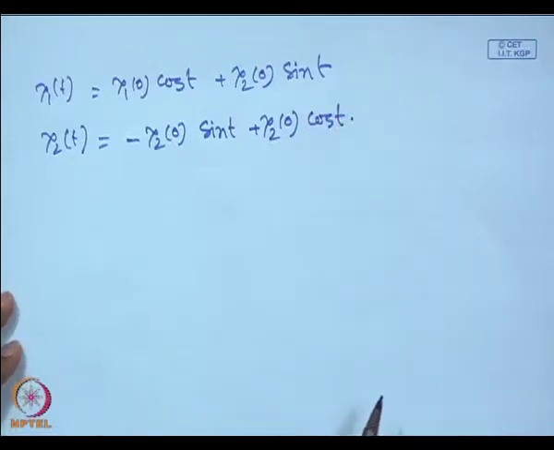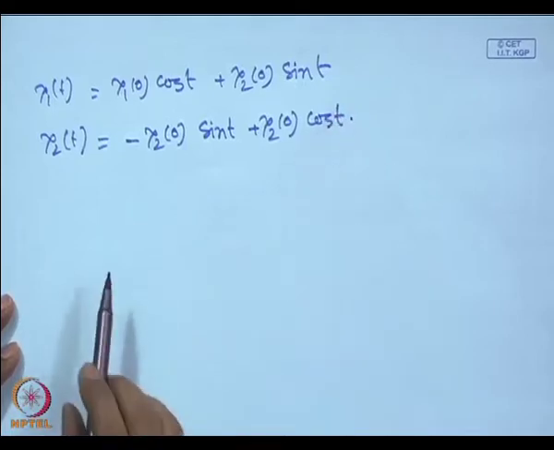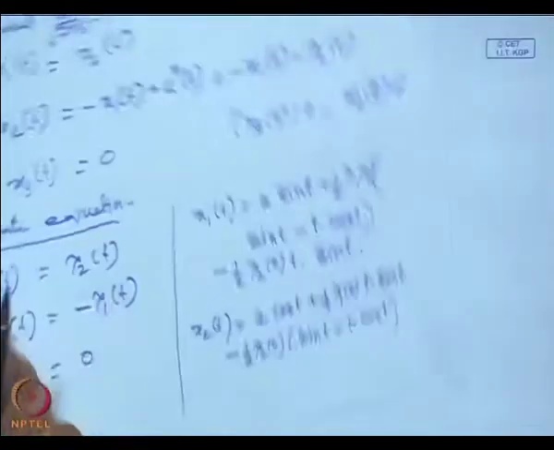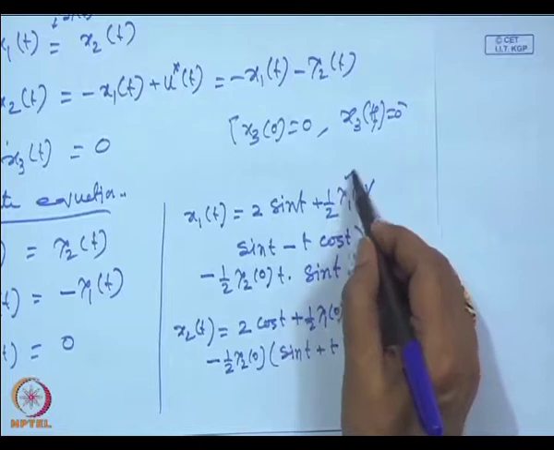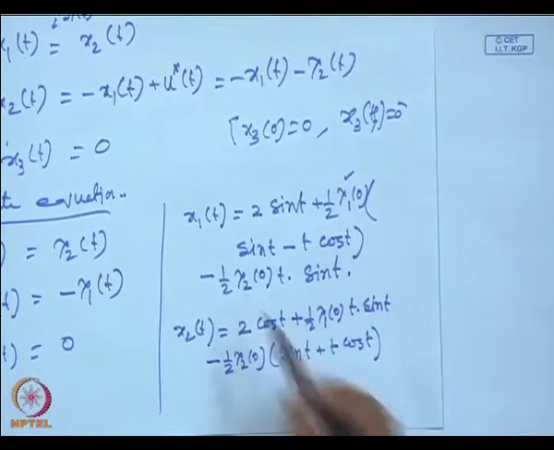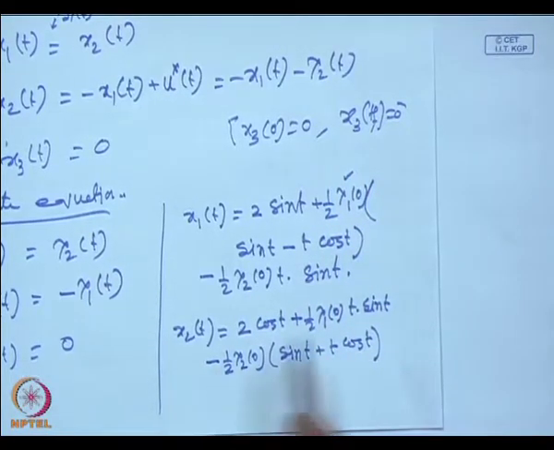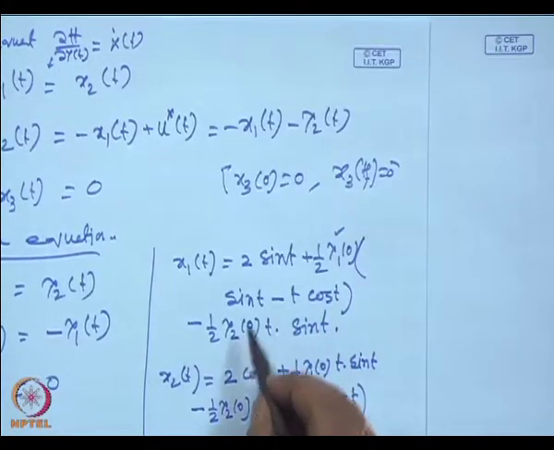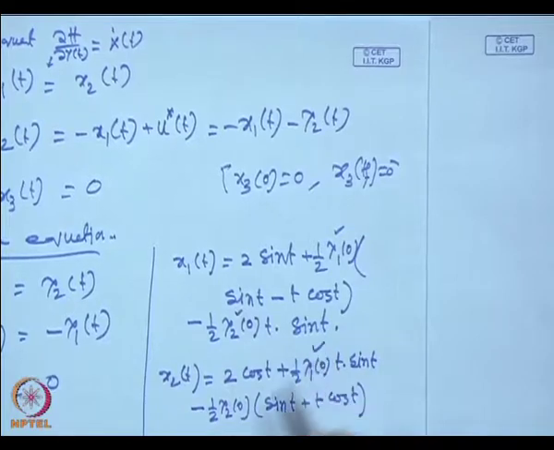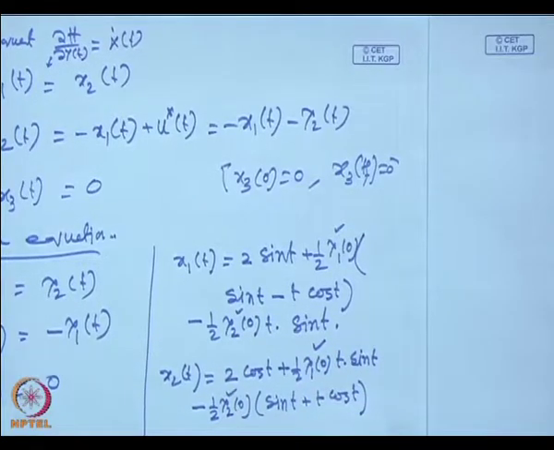Agree? Now you see we cannot solve x1 unless we know the lambda 1 0 value and lambda 2 0 value. Similarly, x2 also. So lambda 1 0 and lambda 2 0 we must know. Agree?